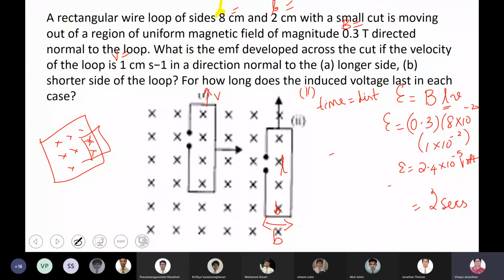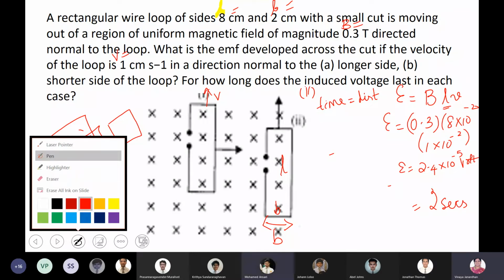Once the loop completely comes out of the magnetic field, there will be no magnetic flux linked with the coil. Right, boys? When the loop is inside the magnetic field, you have magnetic field lines passing through it. As the loop is moving out of the magnetic field, slowly the number of field lines passing through it will decrease. Yes or no?